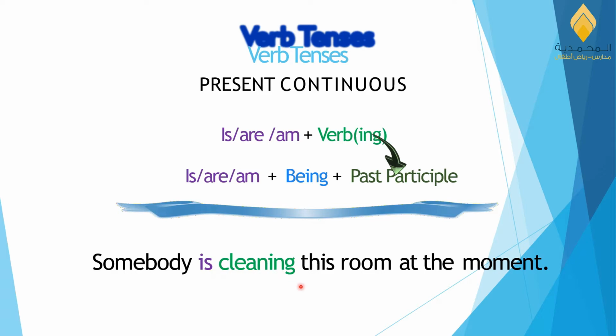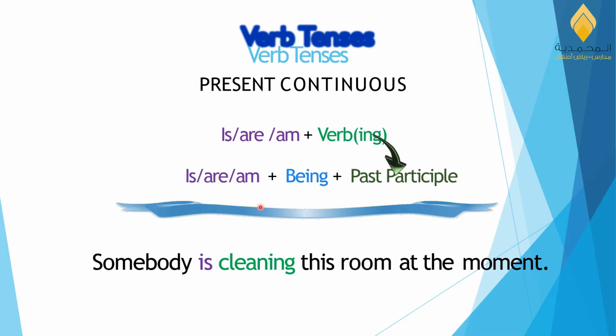Somebody is cleaning this room at the moment. Where is the object? Correct. This room. As you can see, the sentence is in the present continuous tense. So what's the appropriate form of the verb to be?